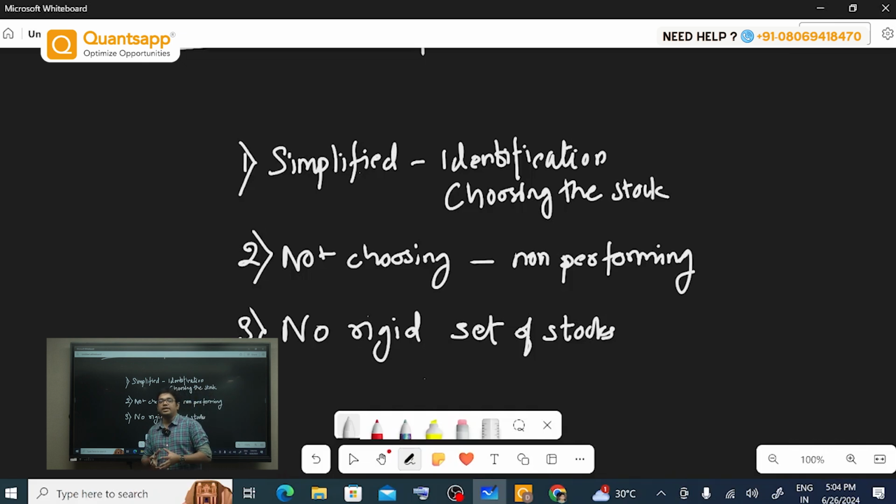Now, not choosing non-performing stocks. Let's say I have taken some stock which has given only a 1% move, so I might have made very little profit. But what if I had chosen stocks which were going down? The index is going up, but the stocks are going down, minus 1%. I could have made losses. So it helps me identify the stocks I am not going to select.